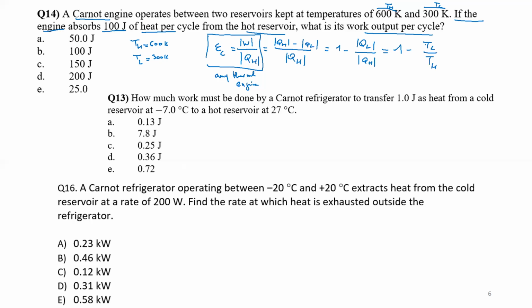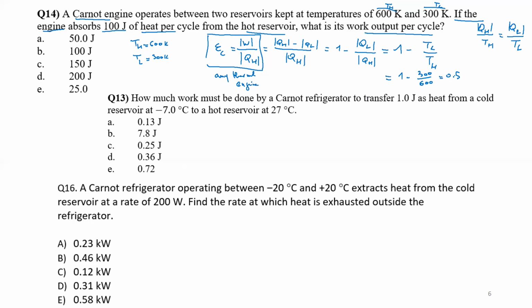Delta S is 0, so we derived that QH divided by TH is just the absolute value of QL divided by TL. So this ratio gives me this. So I know the efficiency of my engine. So what is the efficiency of my engine? 1 minus basically 300 divided by 600, which gives me a half. So I have an efficiency of 50%.